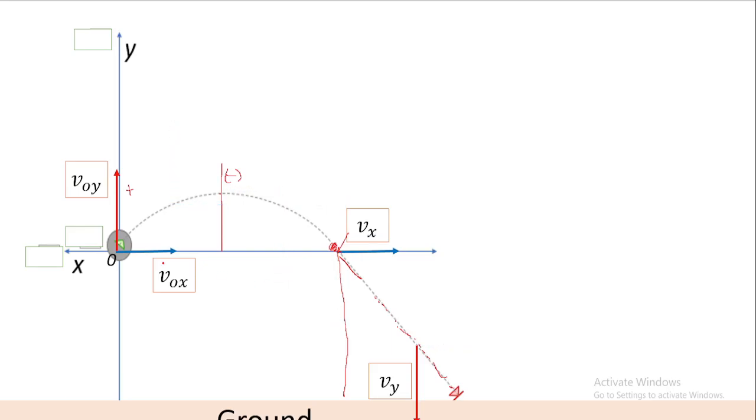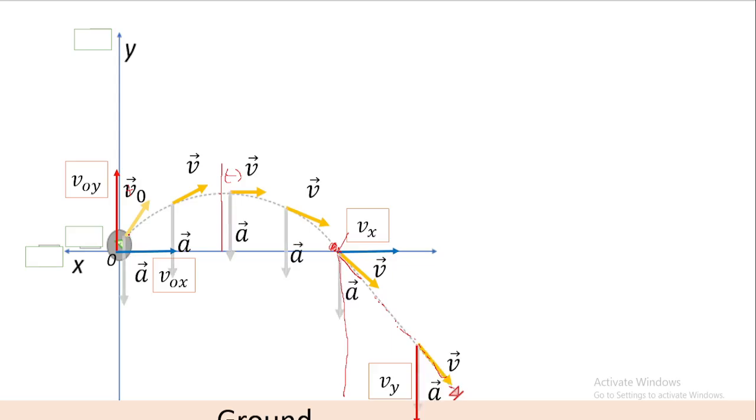There you go, there are the arrows, and here you have the muzzle velocity. The angle at which the muzzle velocity is fired is not changing. The acceleration is always directed towards the center of the earth, and you will see that at its peak right here, the muzzle velocity and the acceleration due to gravity are perpendicular to one another.